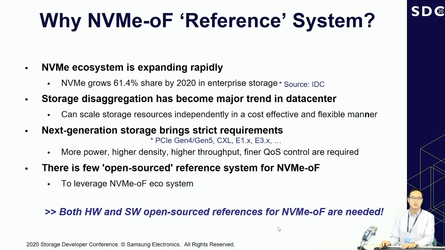But although the importance of Embedded Fabric systems is increasing, as far as we know, there are only a few open-source reference systems for Embedded Fabric. So, in order to leverage the Embedded Fabric ecosystem, we decided to develop both hardware and software references for Embedded Fabric.